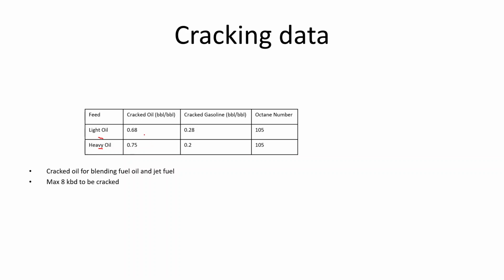The yield of cracked oil is barrel per barrel, volume: 0.68 of cracked oil if it's produced from light oil, and 0.28 of cracked gasoline if it's produced from light oil. And you can see that the data makes sense. If you put in cracked gasoline, you only end up with an octane number of 105.